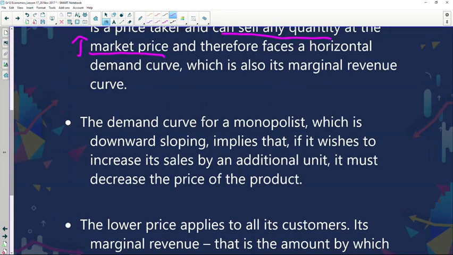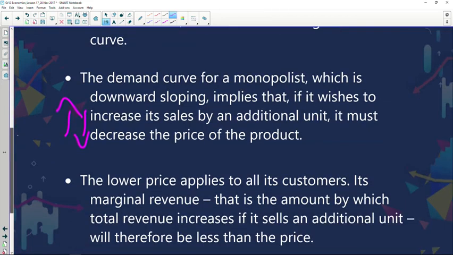So the demand curve for a monopolist, which is downward sloping, implies that if it wishes to increase its sales by an additional unit, it must decrease the price of the product. So if they want to increase sales, then they have to decrease the price in order to increase the sales volumes, or get an additional unit in terms of sales.